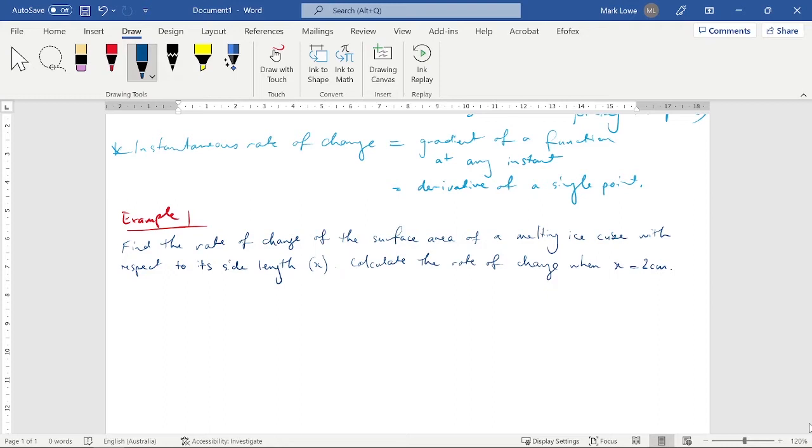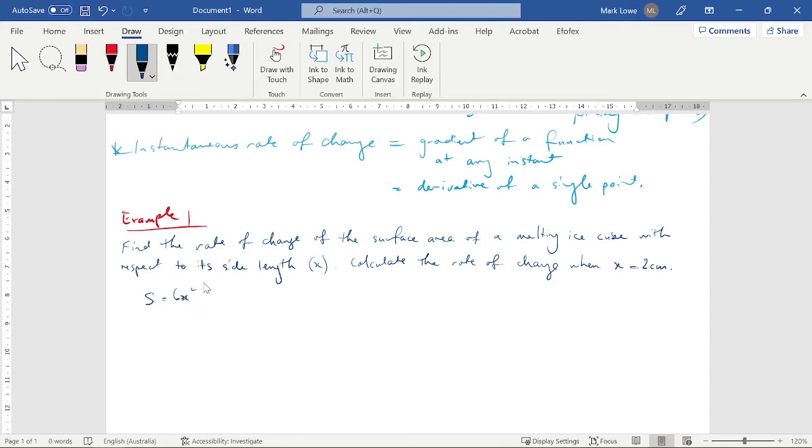If its side length is x, what would be its surface area? Yes, 6x squared, because there are 6 faces.